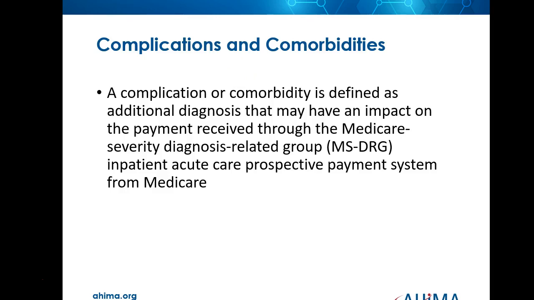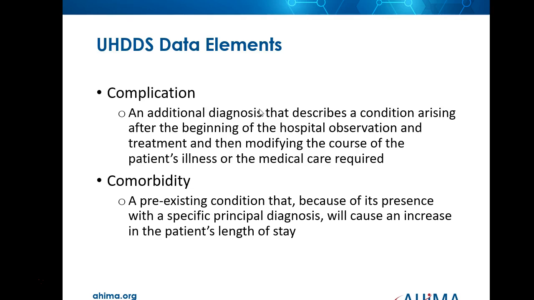A complication and a comorbidity are also important to capture. It's an additional diagnosis that has an impact on the payment received through the MS-DRG, or Medicare Severity Diagnosis Related Group. This is a prospective payment system that we'll talk more about in the course.